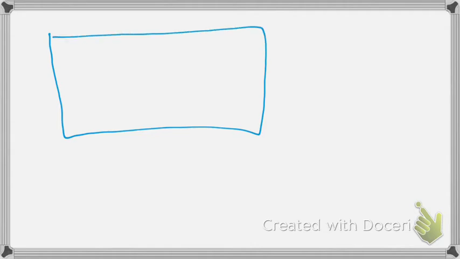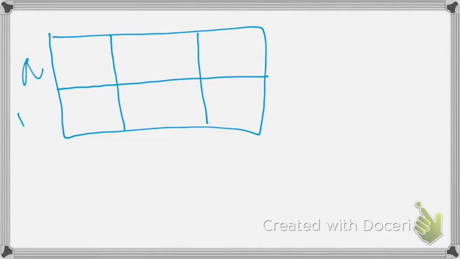we got us a box. We're going to have 2 rows and 3 columns. On the side, we're going to have the A plus the B. And up top, we're going to have the A squared minus the AB and plus the B squared. And now we're going to prove ourselves.